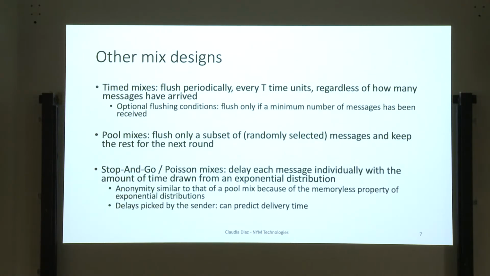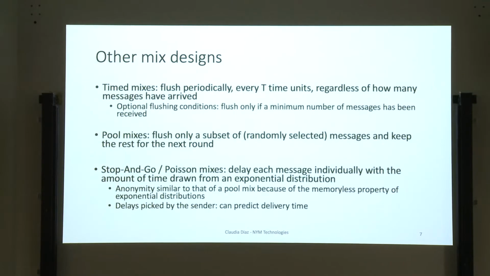A very interesting variant is what is called the stop-and-go or Poisson mixes that delay each message individually instead of batching. Each message is delayed according to a sample drawn from an exponential distribution. The nice thing about this is that the person encoding these delays, which will typically be the sender, can actually predict when the message will be delivered.